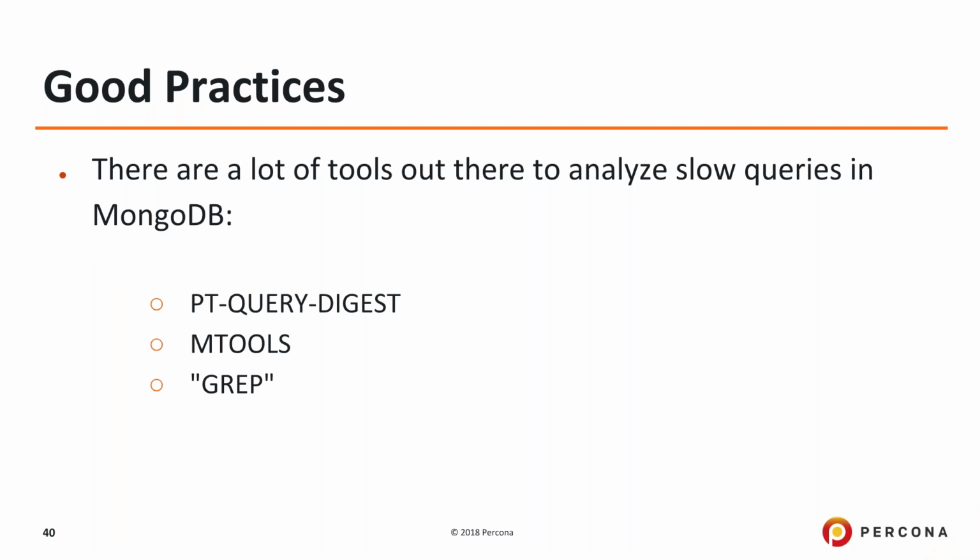There's a lot of other tools out there that you can use on the command line. grep on the log file I mentioned is one. mtools is a Python project that is Mongo aware with the log file, so you can chop up the log file. And also, I'm doing this in backwards order. Percona has a query digest tool that is able to fingerprint queries, and using the operation profiler again, fingerprint queries and show you which are your slow queries in the profiler data.